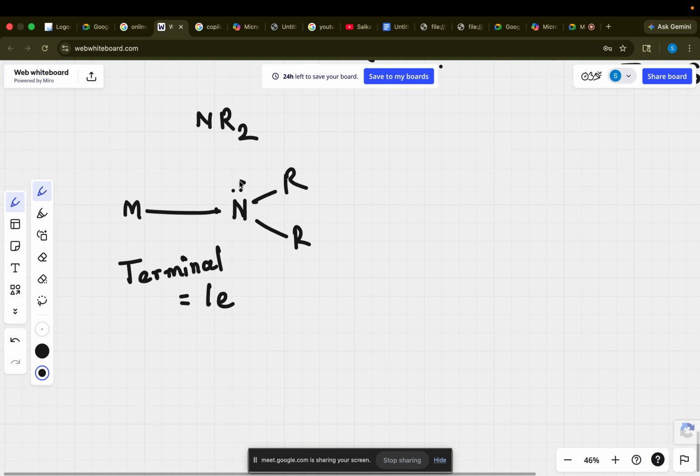But see, it has a lone pair. So what will happen? It can donate to the other metal center as well, so it can also act as a bridging ligand. If it is acting as a bridging ligand, how many electrons is it donating? 3 electrons: 2 from the lone pair and 1 electron from here.